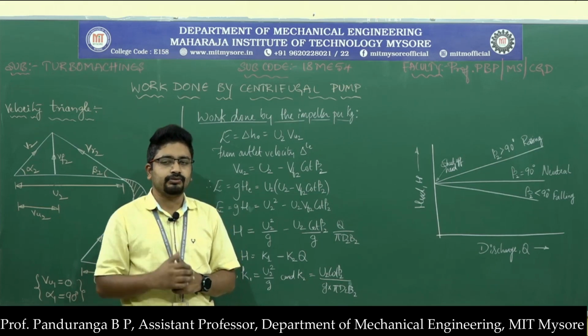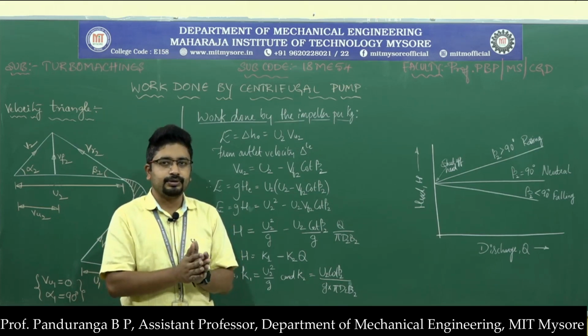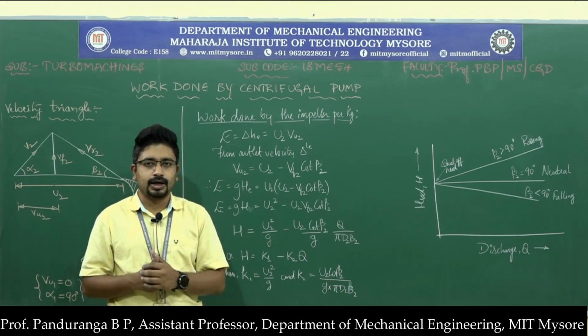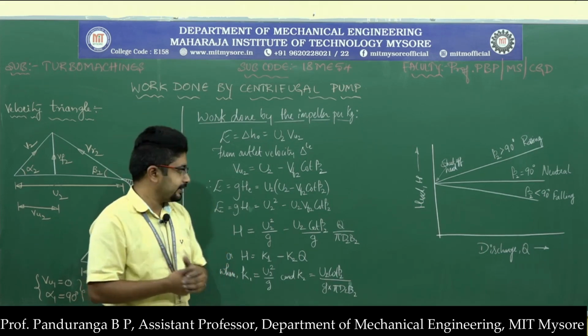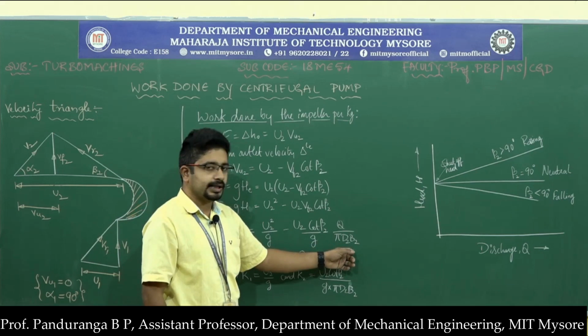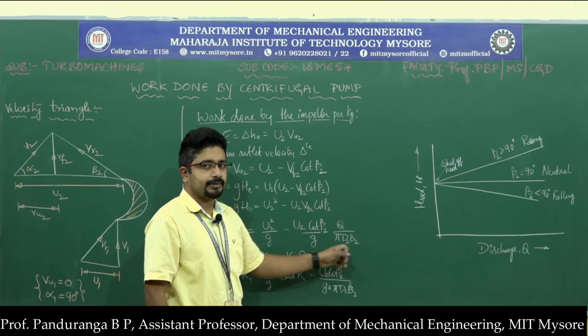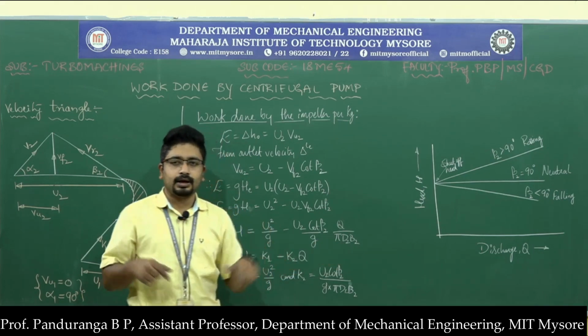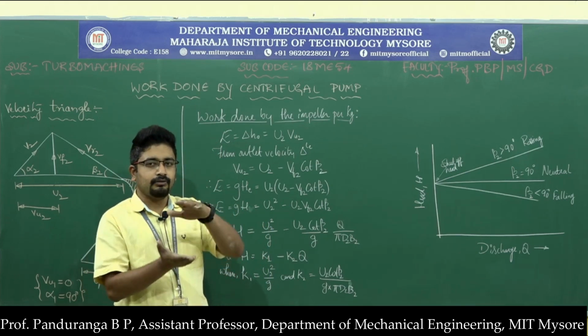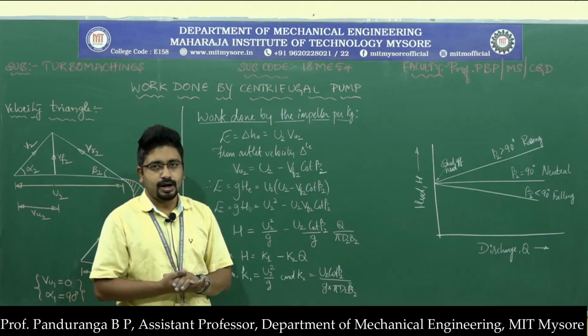At the outlet, Q will be equal to Vf2 multiplied by area at the outlet, and area at the outlet is given by pi into d2 into b2, where d2 is the diameter at the outlet and b2 is the width of the blade at the outlet.